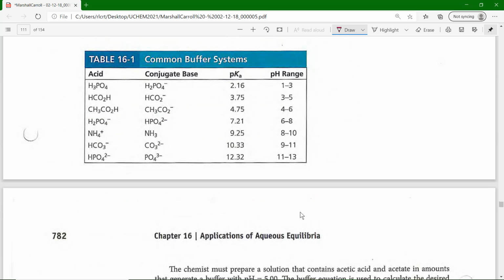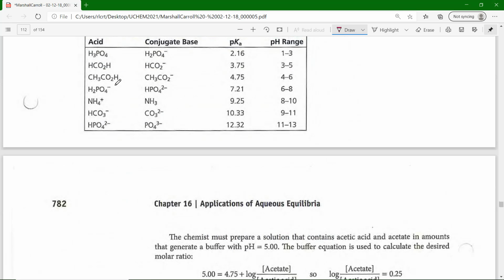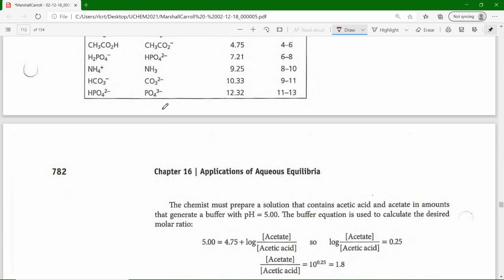So if you're looking at some biological enzyme and you wanted the pH range to be 6 and 8, you might choose the H2PO4 minus HPO42 minus buffer. Or perhaps in some kinds of beers, the enzymes work best if the pH range is between 9 and 11, you might choose the HCO3 minus CO3 2 minus buffer.